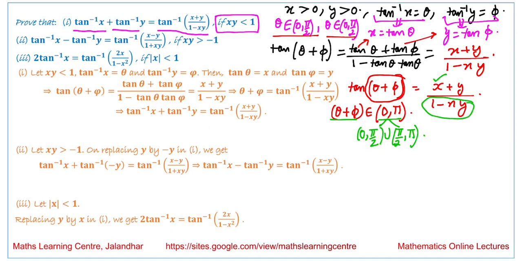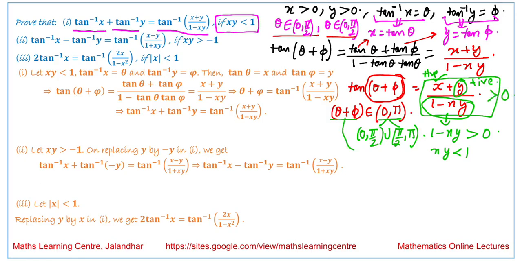We are saying x is positive and y is always positive. Now if this value 1 minus xy is greater than 0, so what we get is that xy is less than 1.